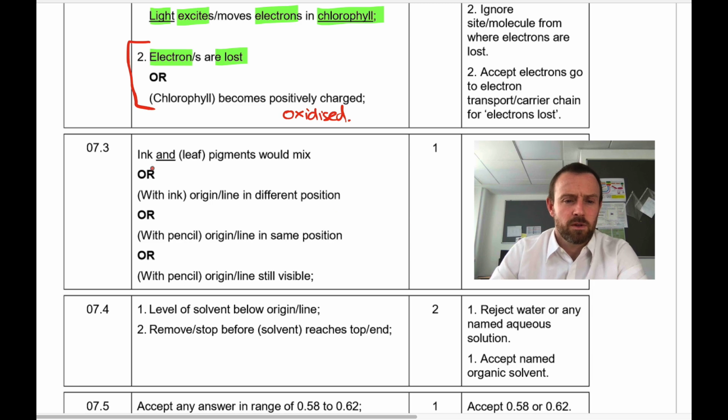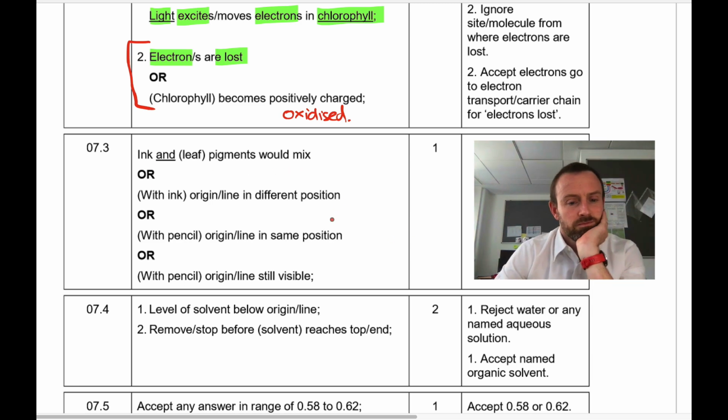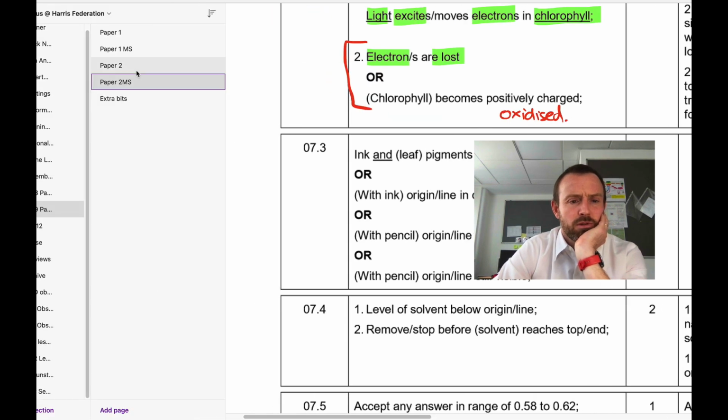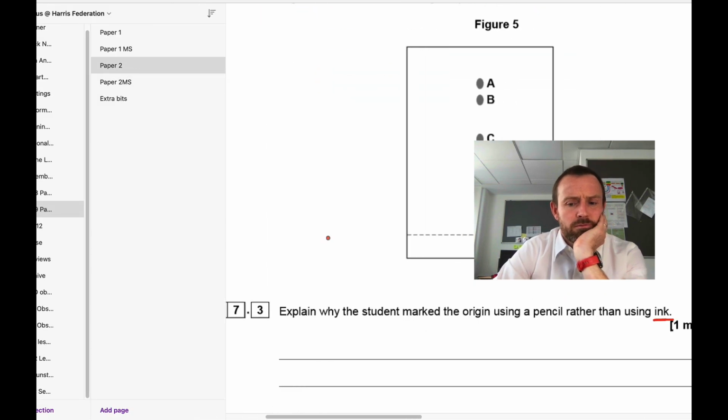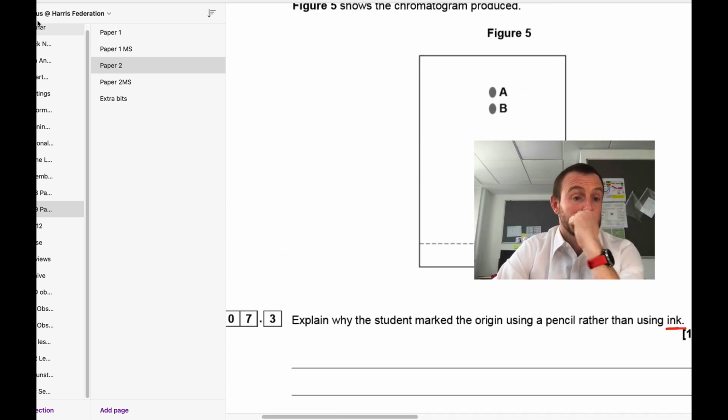Did I miss one? Ink and leaf pigments would mix. I think what I said would get the mark. Have I missed a question here? 7.3. I think that would get the mark.